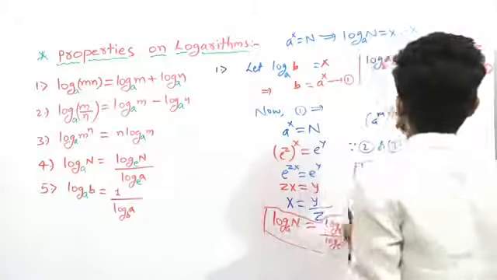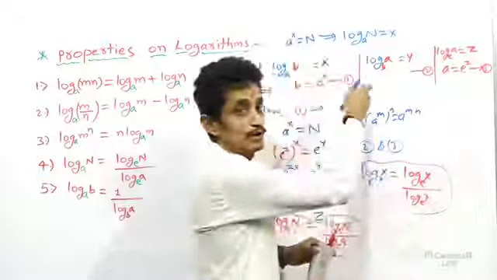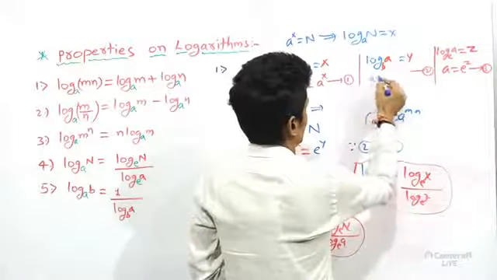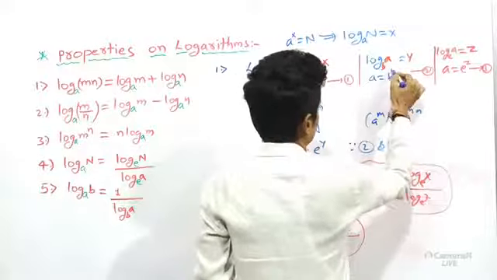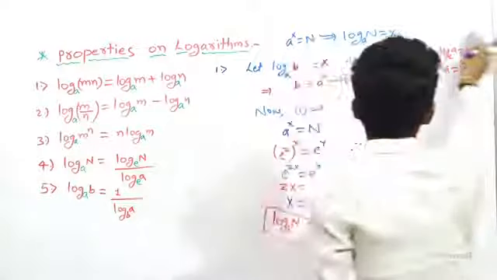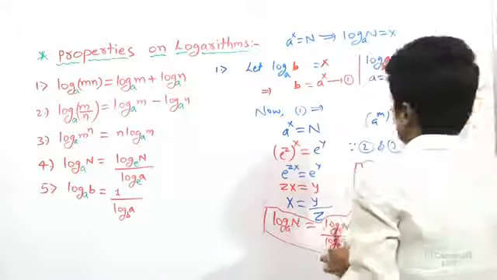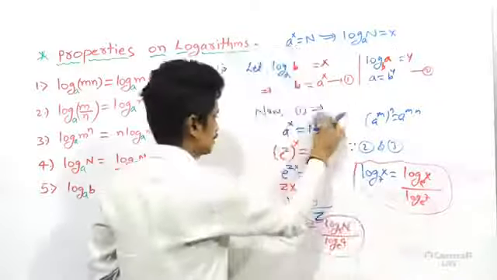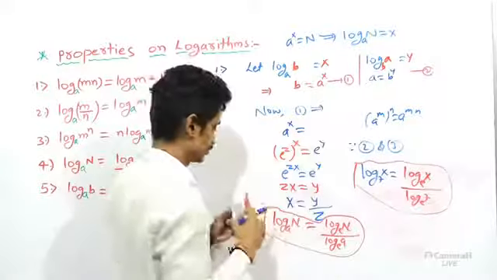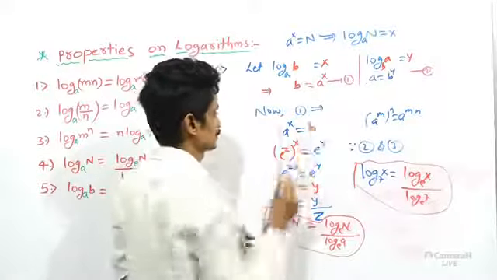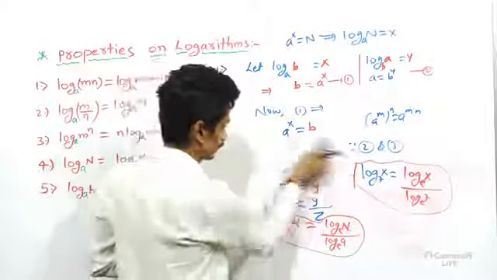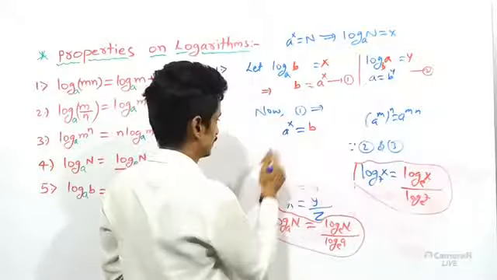How to write this in exponential form? The number is written as it is, b lifts to y. It should be b power y. Now remove this one, not required. According to equation number 1, a power x is equal to b.